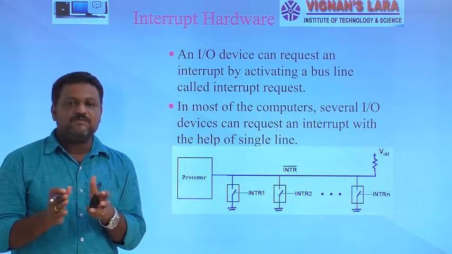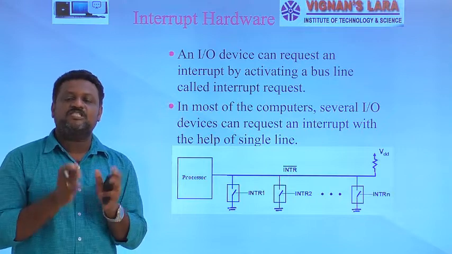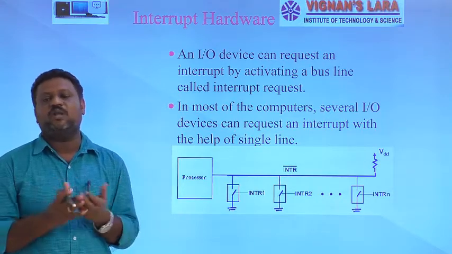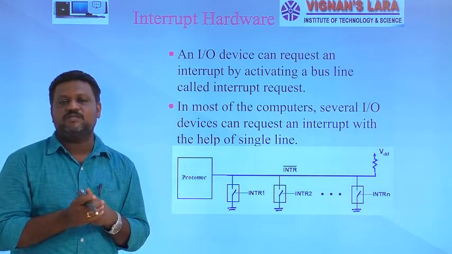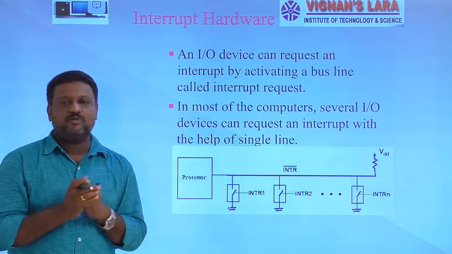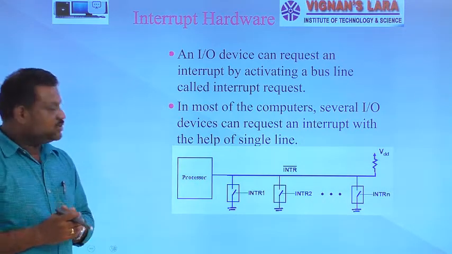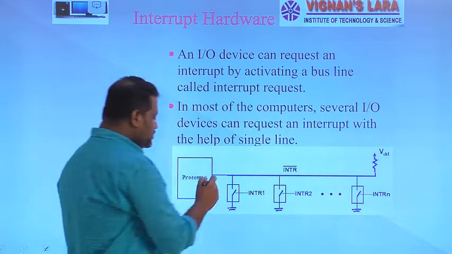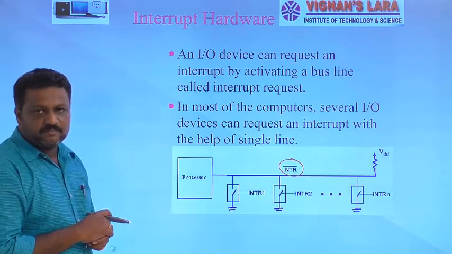So, at this moment, I would like to discuss a system that has only one interrupt request signal that can be used by all IO devices. How an IO device sends its request signal to the CPU, I am going to discuss with the help of a simple diagram. So see here guys, this is our processor and this is our interrupt request signal, which is a low signal, INTR.